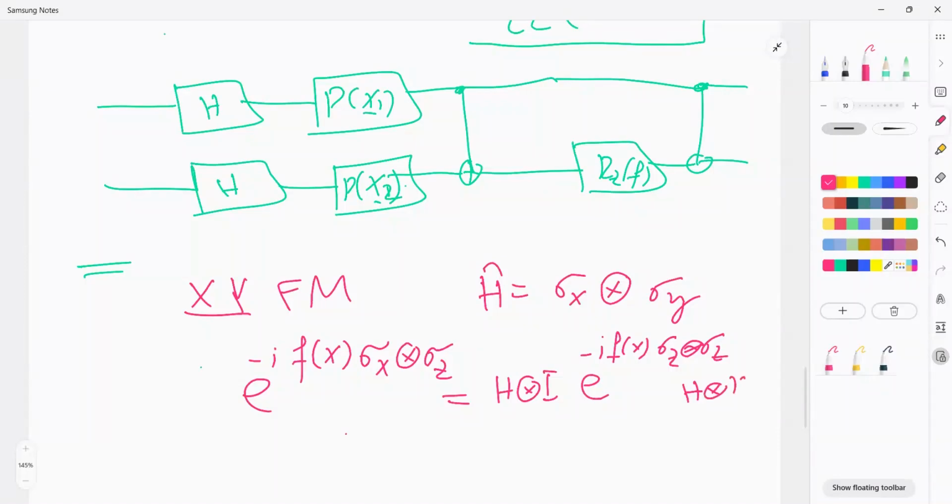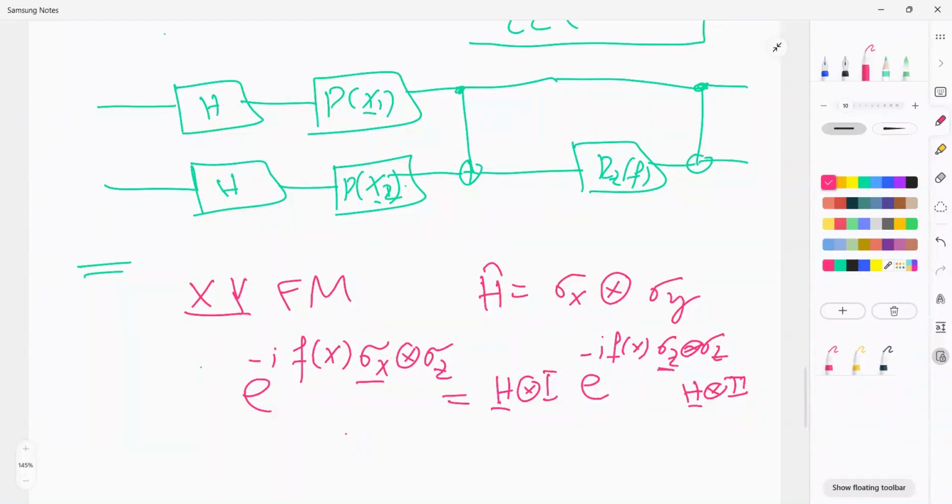So actually, both x and y Pauli operators can be written as sigma z times some simple unitary. For example, sigma x is just Hadamard sigma z Hadamard, and even if there's a y, sigma y would just be a Hadamard S sigma z S dagger Hadamard.